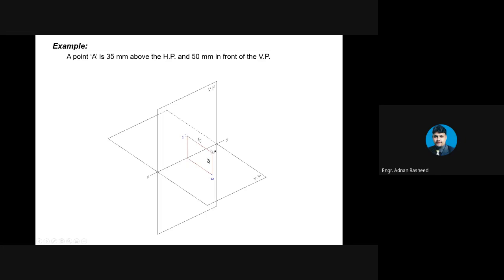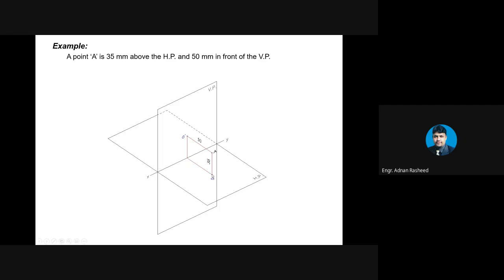So if you project A on vertical plane, you will get a point that is A dash, which is the frontal view of this point. And if you project this point A on horizontal plane, you will get the top view.